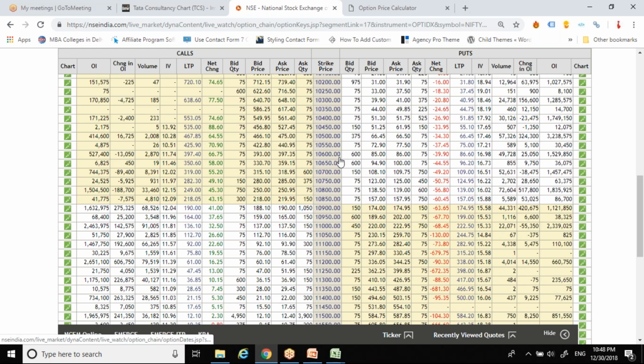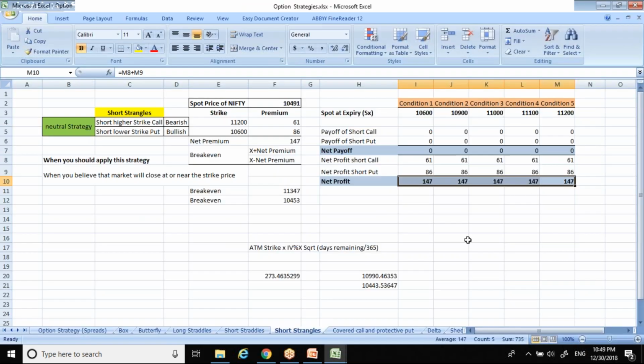And the call you sold at 11,200 and the market is below this, so you will keep the premium here too. Wherever the market goes in this range, the call premium you keep and the put premium you keep. So you will have a net profit of the premium amount you receive. So this is short strangle.